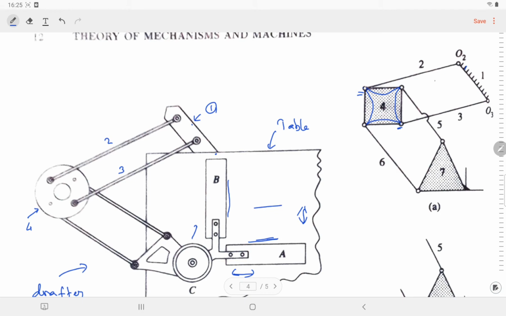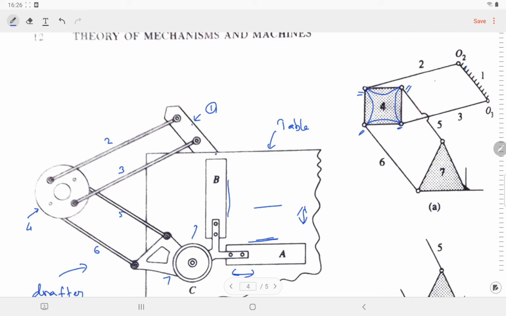So that's link 4, and this is link 5, and this is link 6, and once again these links are connected using a revolute pair like this one. So that's what we see over here, and this is another link which is link 7.